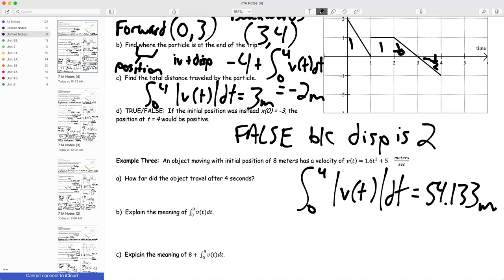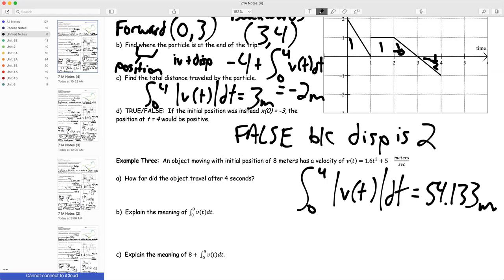Okay. So if you did the displacement originally, you will get the same answer. Why is that? Because the object does not turn around. And therefore the area under the curve is always positive. Mathematically, why is that the case? Well, what type of function is this?